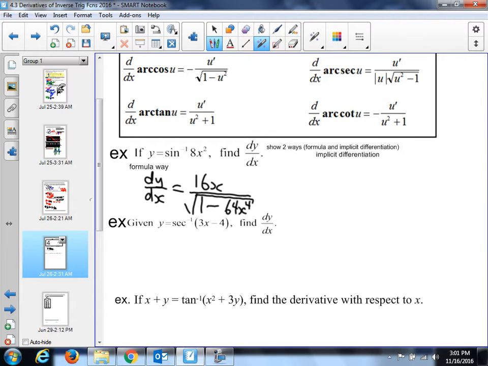So, if we were to do this from first principles without the formula, that's what I'm going to show here. Or, to rewrite that without the arcsine, without the inverse of sine, what's that same information? This is what I'm asking you.